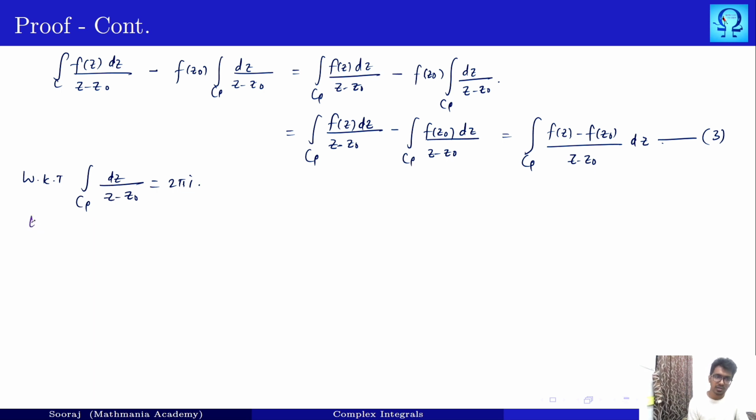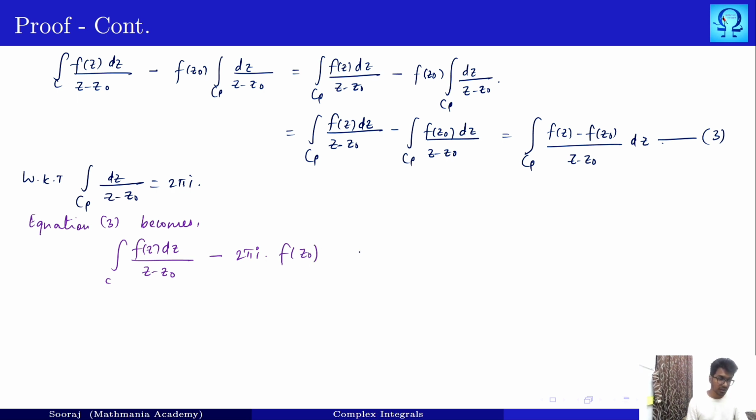So equation 3 becomes: integral over c of f of z dz upon z minus z naught minus 2 pi i multiplied with f of z naught.